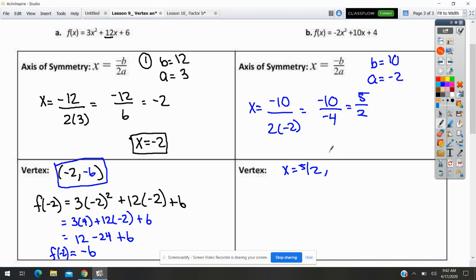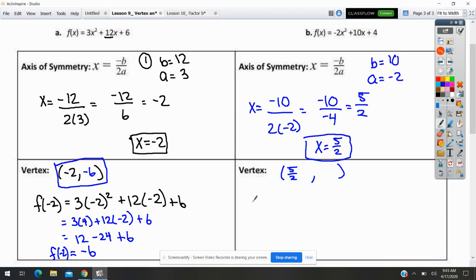Actually, I'm going to write it like this. So our axis of symmetry equation is x equals 5 over 2, and that's the x value of our vertex. So we need the y value.